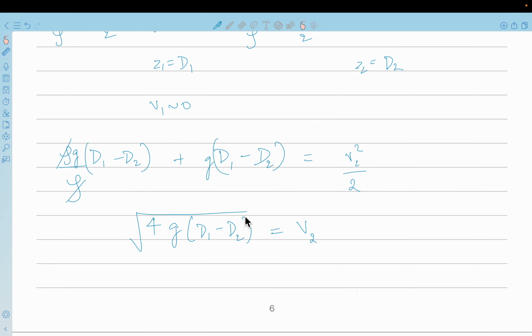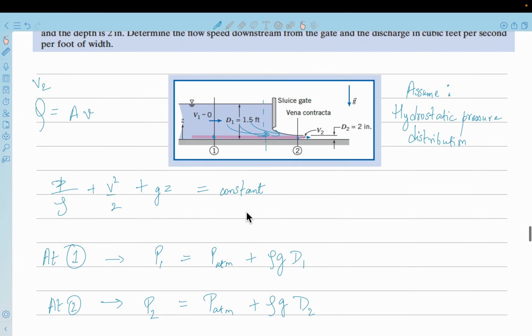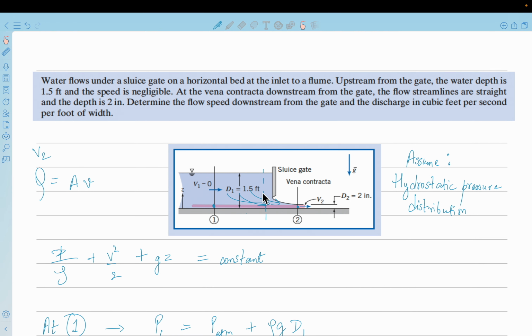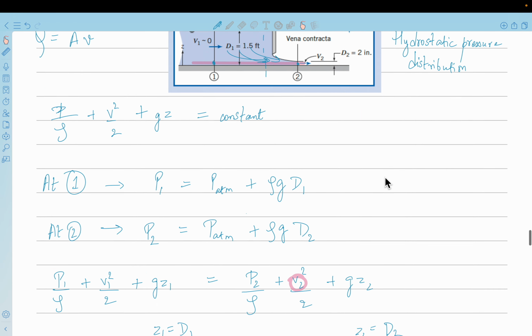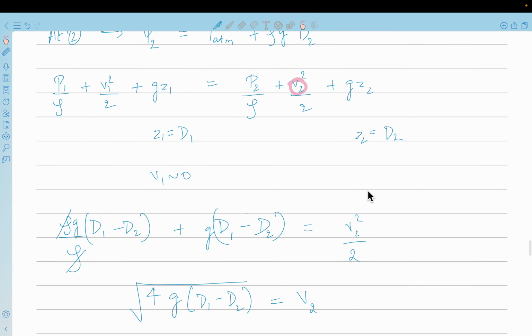Okay, so we can plug in the values of d1 and d2. d1 is 1.5 feet, d2 is 2 inches, so we have to convert both to, let's say, feet, right? 1 feet is 12 inches, so 2 inches is 2 by 12 feet.